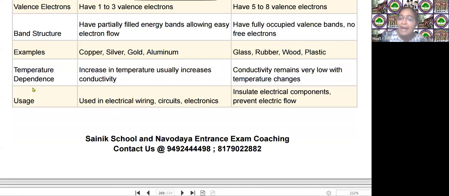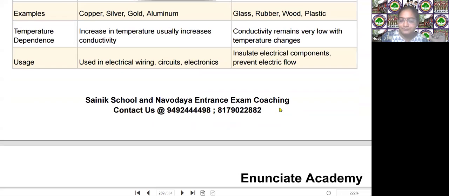Conductors are used in manufacturing of wirings, circuits, and electronic items. And insulators are used in electrical components to prevent electric flow.